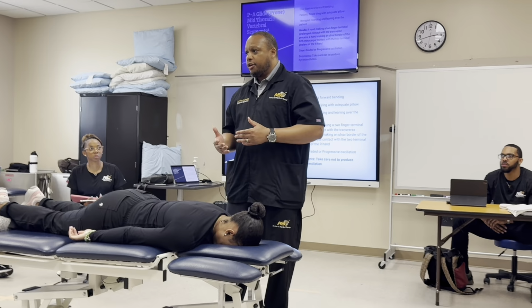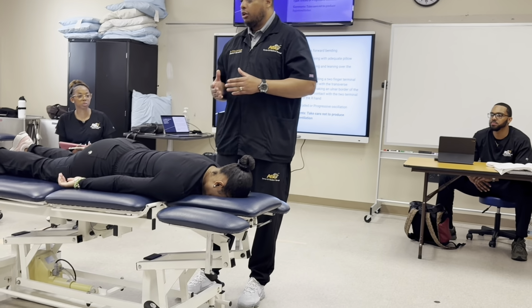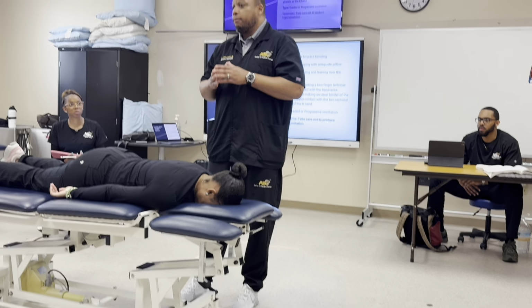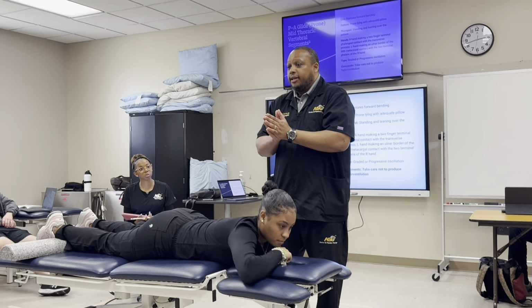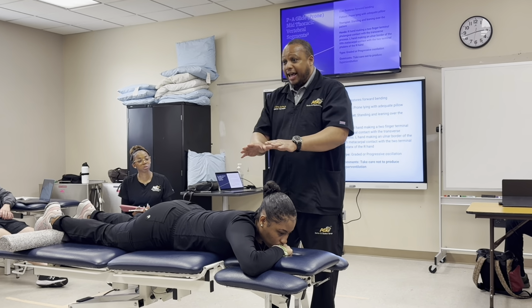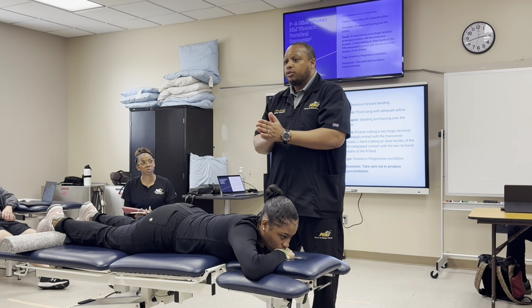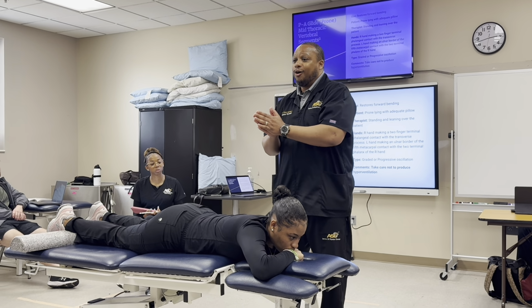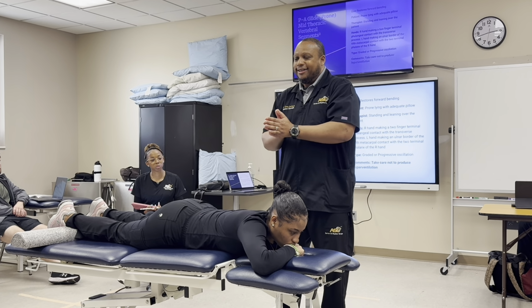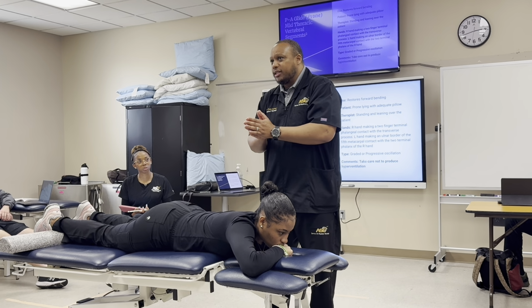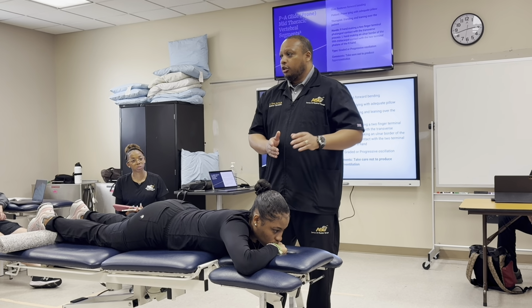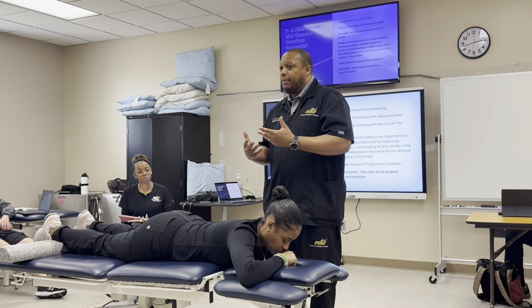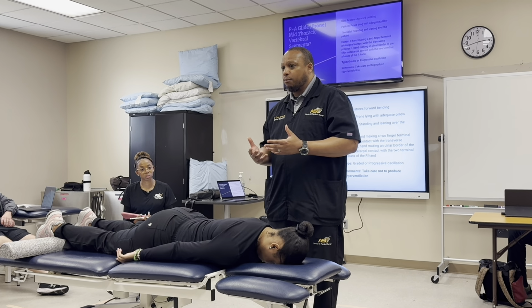So I can go to the area where I thought she had more problems. From my assessment, from what I felt, she was most limited at T7 from what I said so far. T7 on T8, T6 on T7, and T5 on T6 started to improve as I moved up. So now, what can I come back and do? I know that that's a problem.